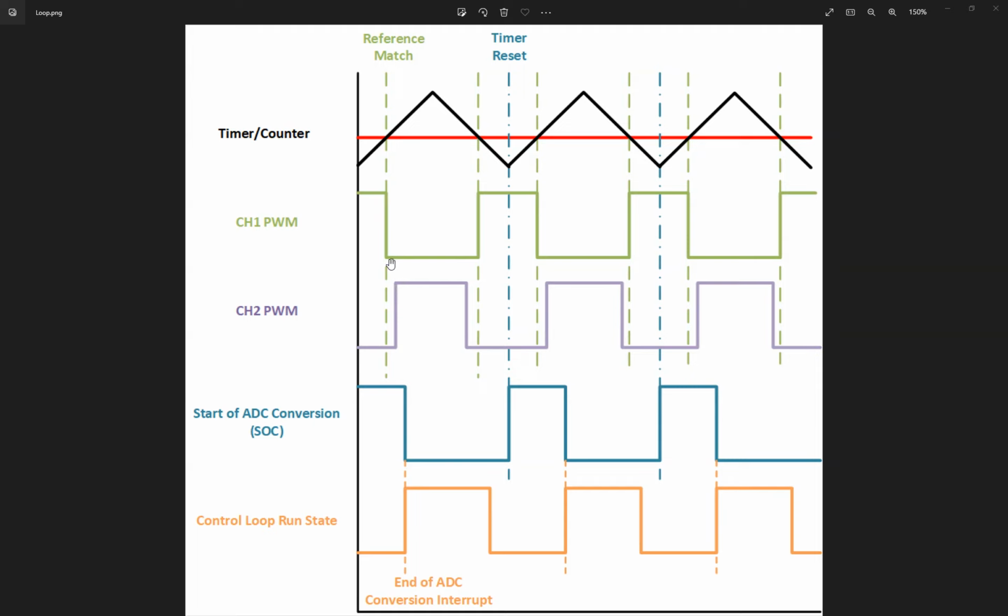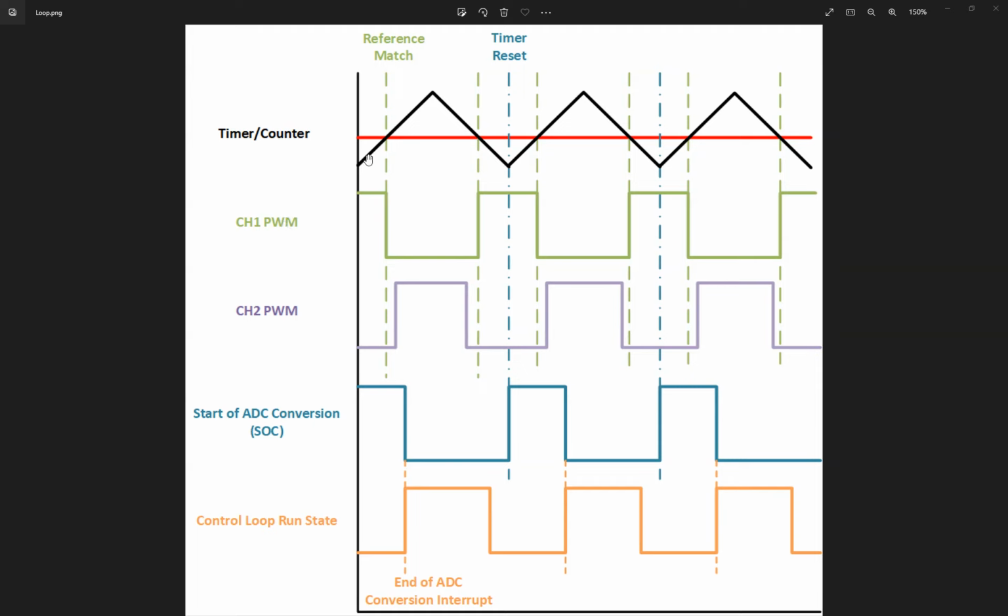As you can see, there is a little gap between the green and the purple signal. So these are the inverted signals, but there is a dead band between the green and purple signal, which we have configured in our system. So the three-phase output for all the three legs is generated in the same manner. So this is the representation for a single leg.